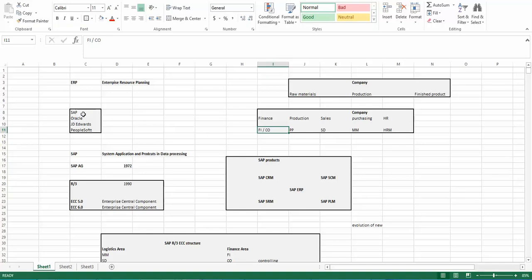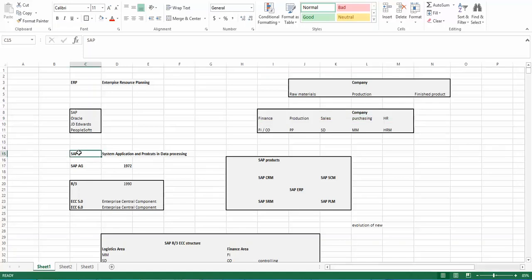So SAP ERP has been created in such a fashion that there is real time communication or integration between each of the applications, or in terms of departments. SAP is such a software which coordinates and integrates with each of the departments and helps the company prosper with the reports that are generated out of it.